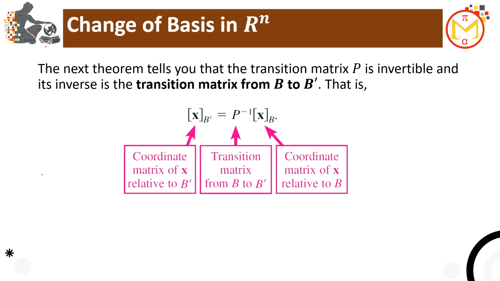So you can find that the coordinates of x with respect to B prime is equal to the inverse of P times the coordinates relative to B. Remember from the previous, you have x sub B is equal to P times x sub B prime.